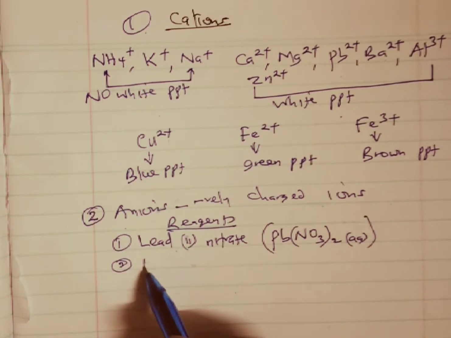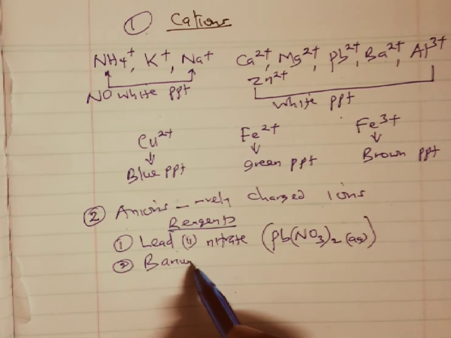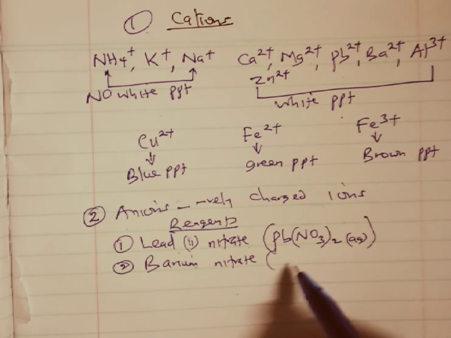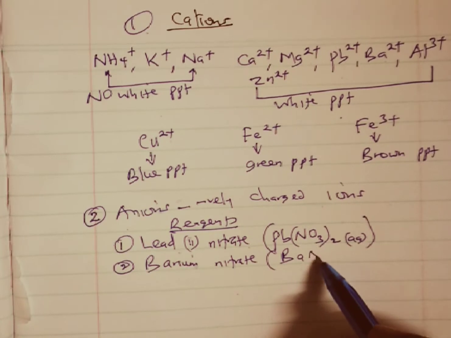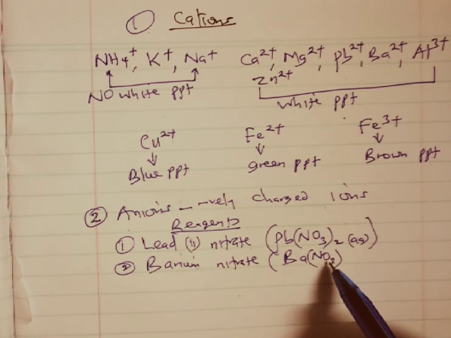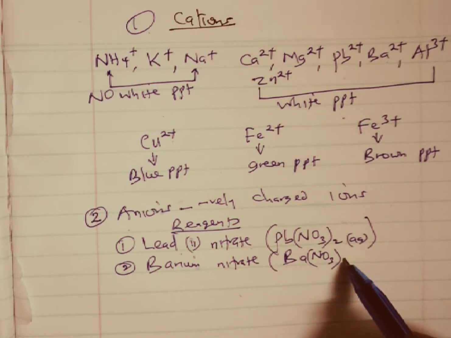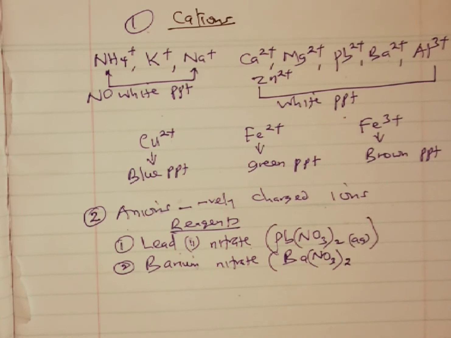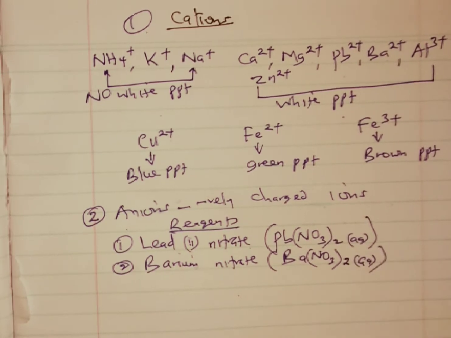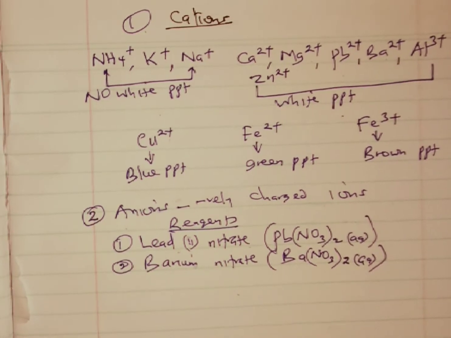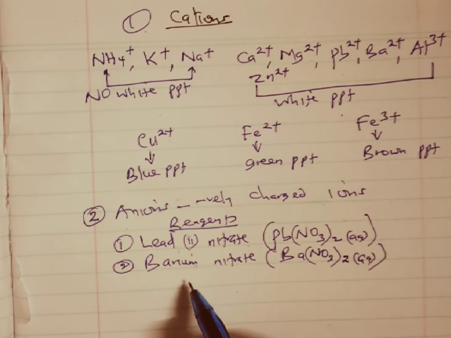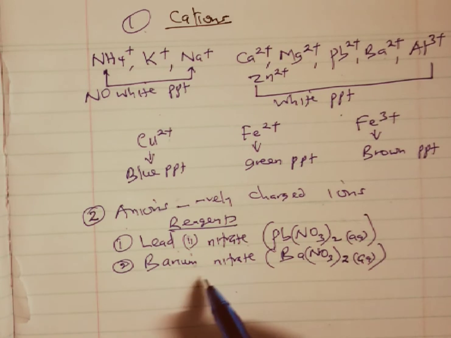Number 2, we can also use barium nitrate, that is BaNO3. Remember, nitrate ions have a valency of 1 and barium has a valency of 2. These two will test for the following anions.